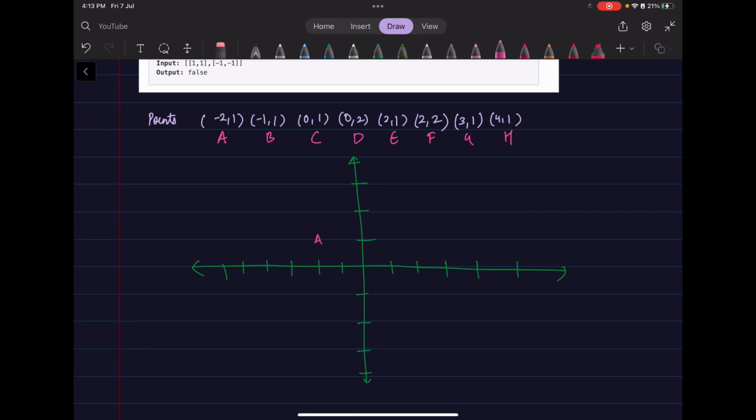So minus 2 comma 1 is here, minus 1 comma 1 is here, 0 comma 1 here, then 0 comma 2, 2 comma 1, 2 comma 2, 3 comma 1, then 4 comma 1.